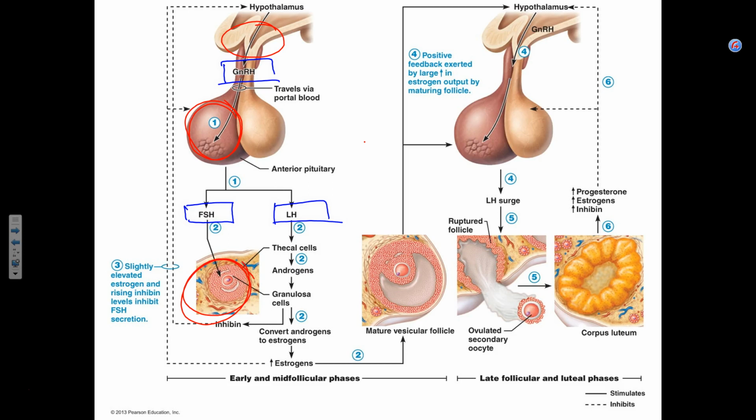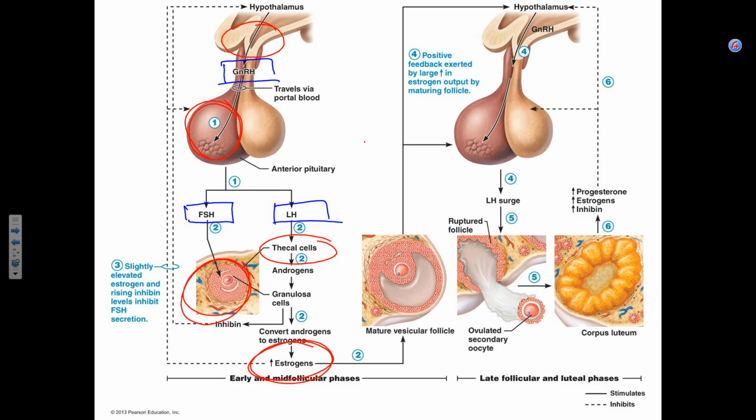In the meantime, luteinizing hormone will act on the thecal cells, and that action of luteinizing hormone will essentially stimulate the elevated level of estrogens. Does it make sense to you?